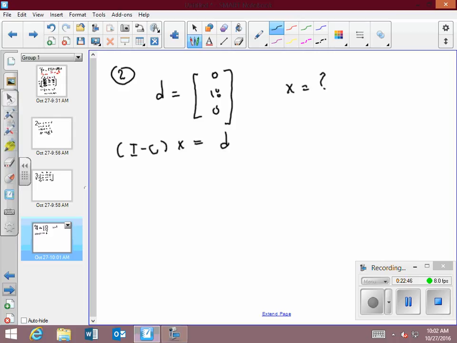So what we have to figure out is this thing right here. It's going to be the identity matrix 1, 0, 0, 0, 1, 0, minus our C, which is 0, 1, 0.